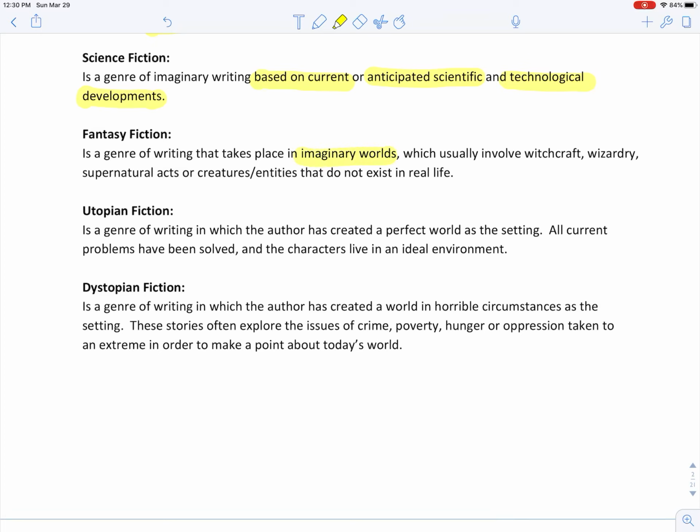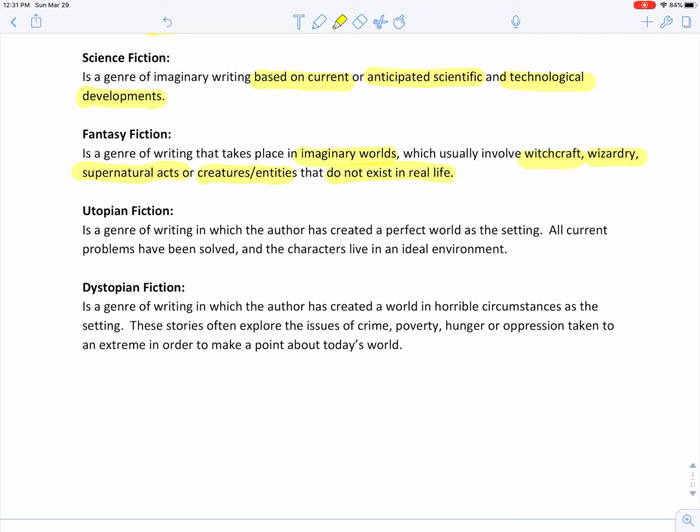So if you are a fan of the Lord of the Rings trilogy or the C.S. Lewis books like The Lion, the Witch, and the Wardrobe, things that involve witchcraft, wizardry, supernatural acts and powers, creatures and entities that don't exist in real life, those are all fantasy fiction.